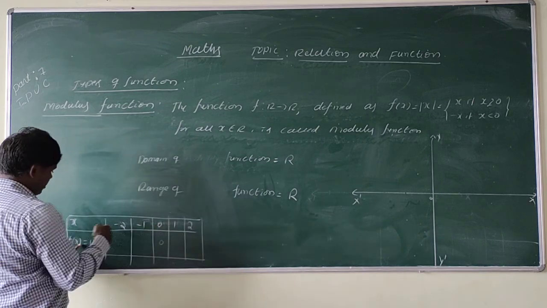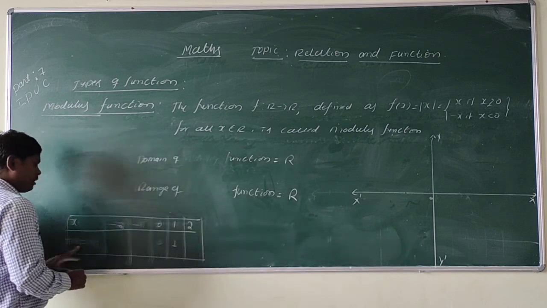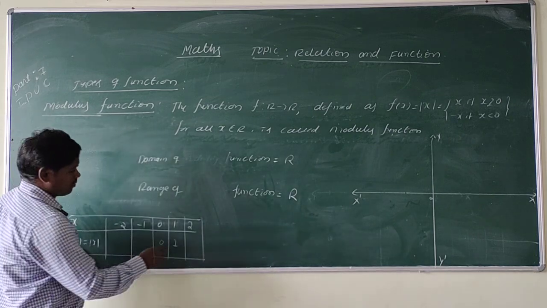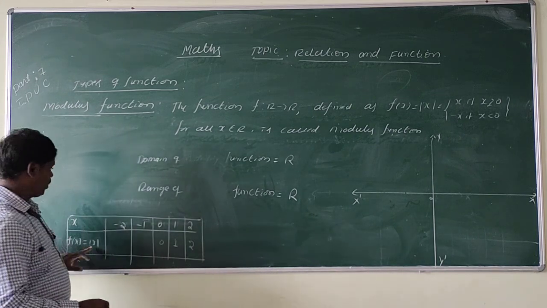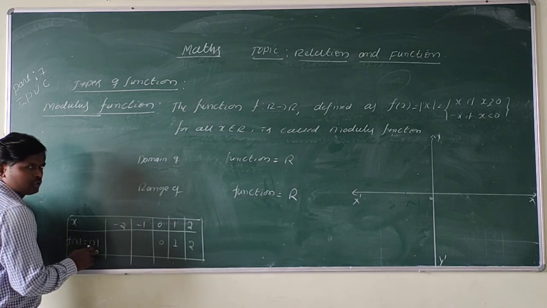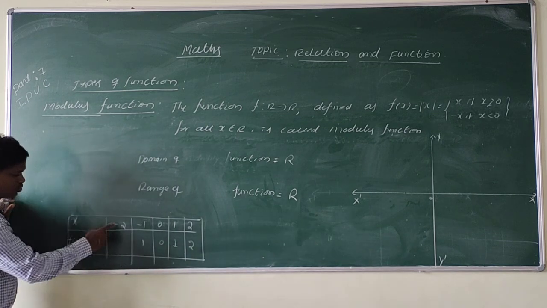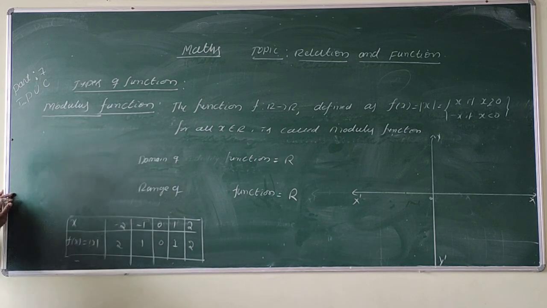Similarly, x equal to 1, mod x is the absolute value 1. Mod 2 is equal to 2. Mod minus 1, the absolute value, is plus 1. Mod minus 2 is again plus 2. So this is the output.